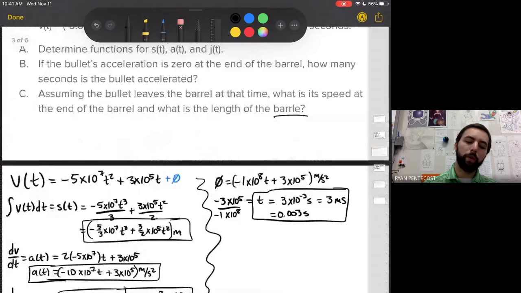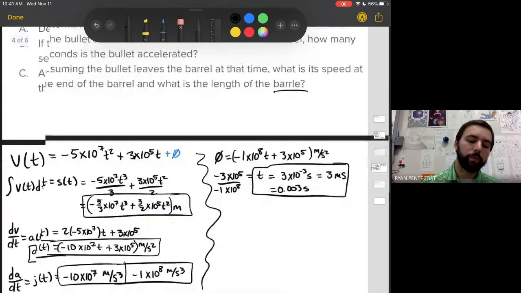Now, assuming the bullet leaves the barrel after that time, 3 milliseconds, what is its speed at the end of the barrel, and what is the length of the barrel? So remember, we can also just take that time, plug it into velocity and position.